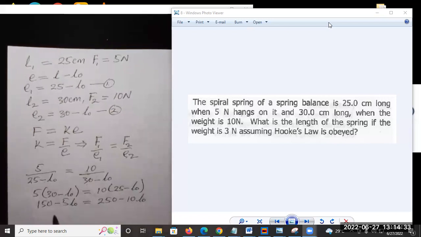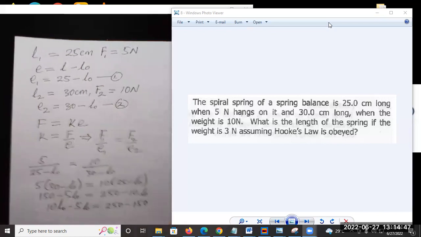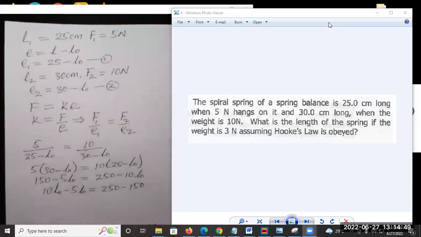Collecting like terms, 10 L naught minus 5 L naught equals 250 minus 150. That's 5 L naught equals 100.